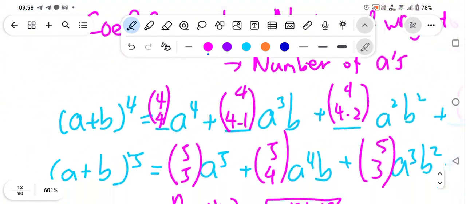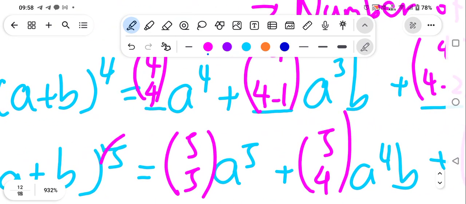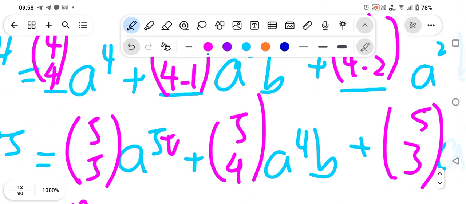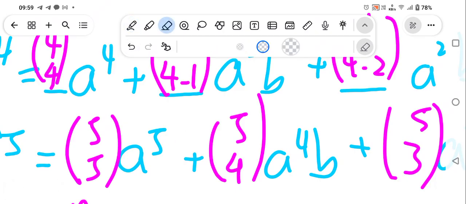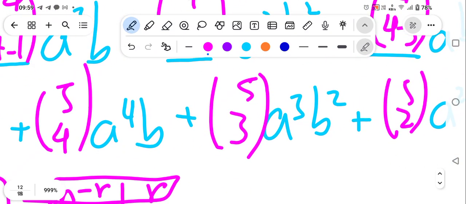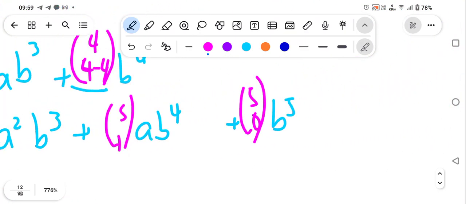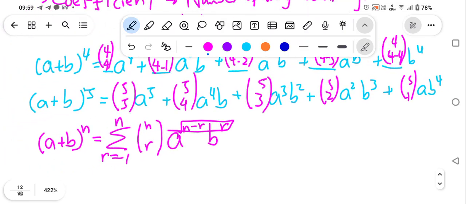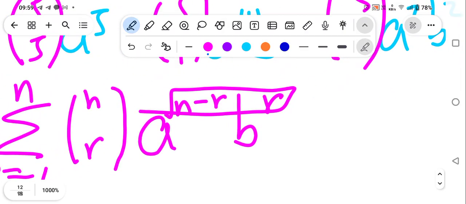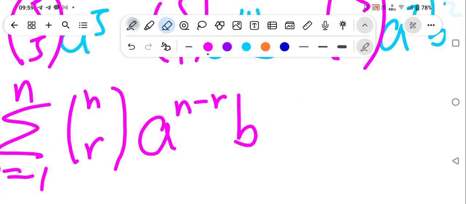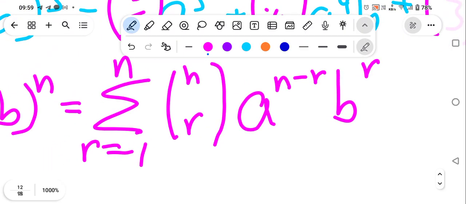Similar to everything we said from here. You see we have 5 here. We have 5 plus 0 because B is to the power 0. And we have 4 plus 1, 3 plus 2, 2 plus 3, 1 plus 4, and 0 plus 5. This all equals 5. So this is the binomial theorem, and the nCr represents this.